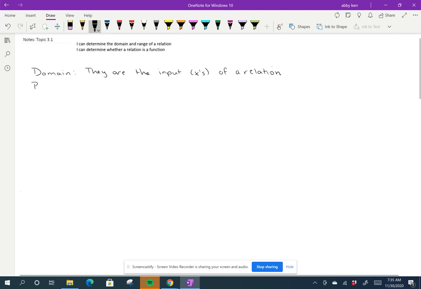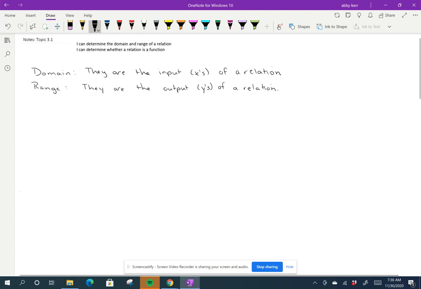The range, then, are the output. So we know that output is the y's of a relation.